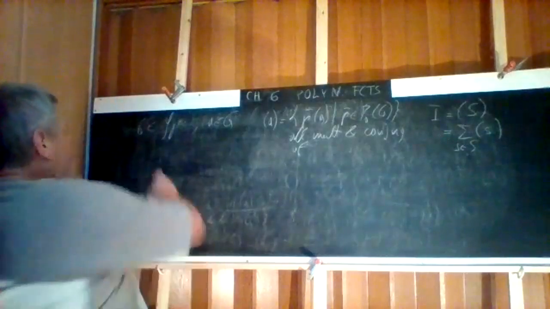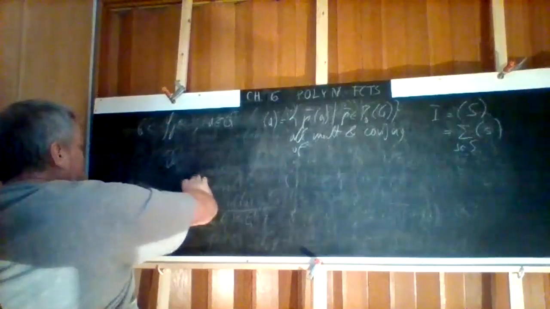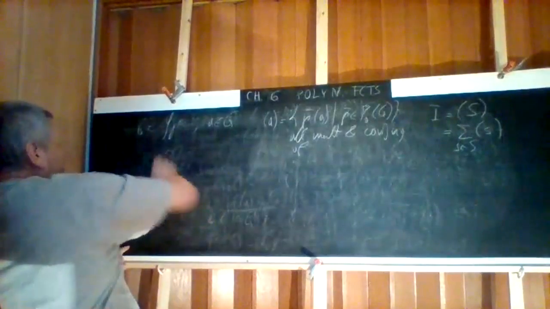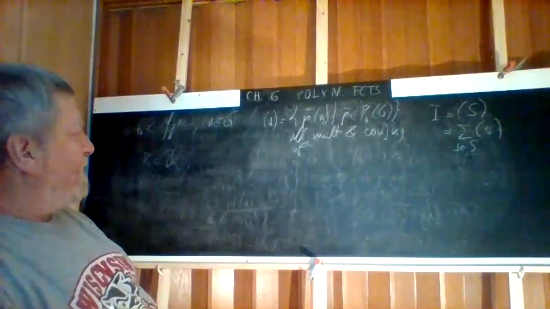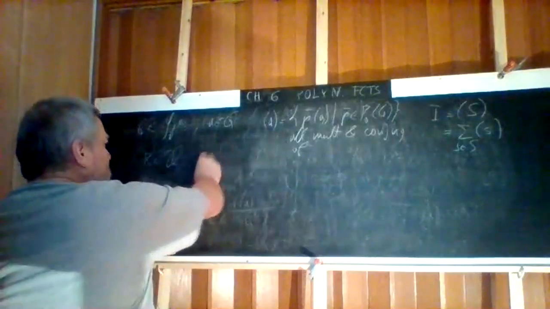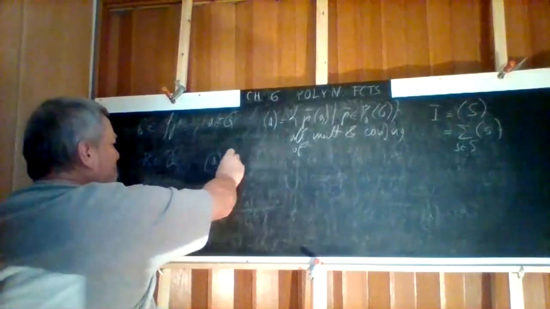What about rings? Rings with identity. Well, let's take rings altogether. Let's take a ring R, and we would like to find out what the principal ideal generated by A is.